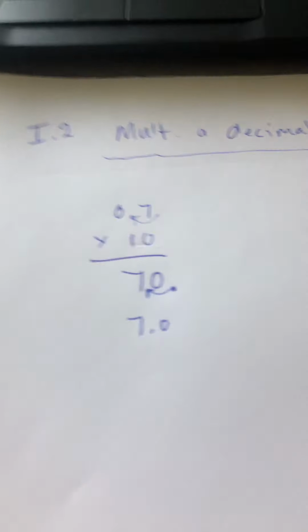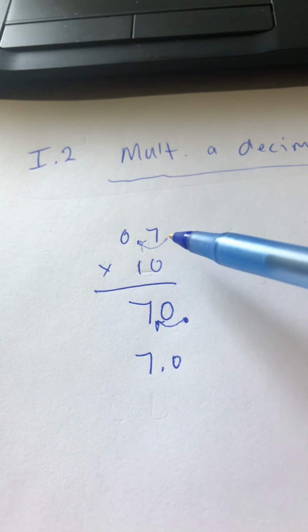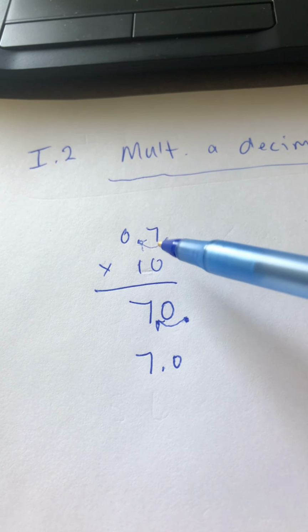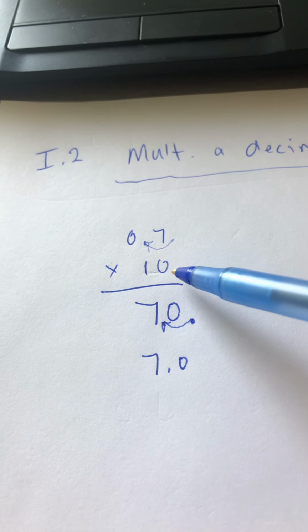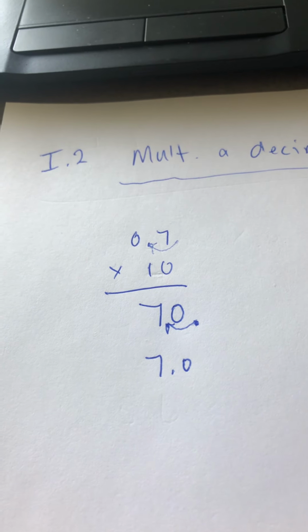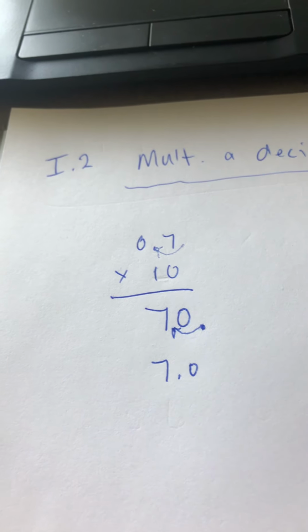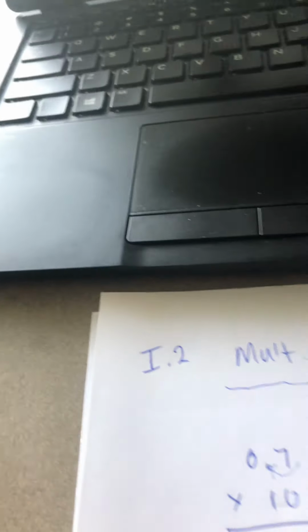Okay, how many places is the decimal? You want to look at both numbers too. So this one, it's already whole. So how many places would you move the decimal? You move the decimal 1. So you move it over 1, and then you get 7. All right. So let's try that.